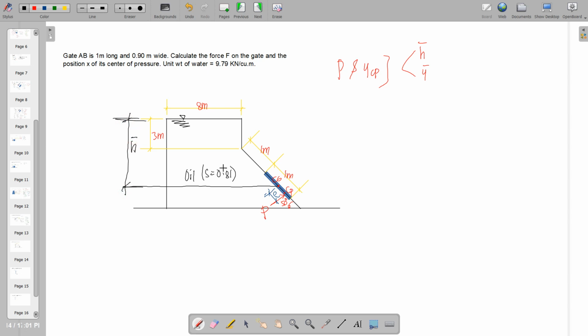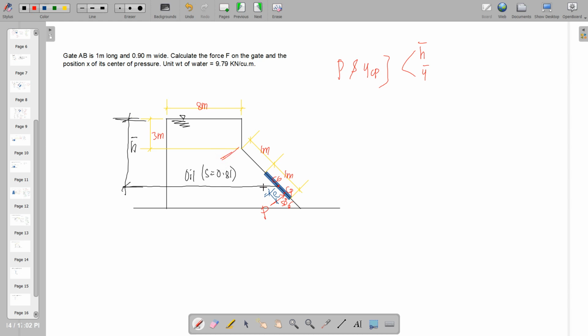Now if we know H bar and the angle, we'll just have to relate H bar to the Y bar by the relationship through the sine function. In here we can see that the calculation of H bar will emanate from these inclined dimensions.